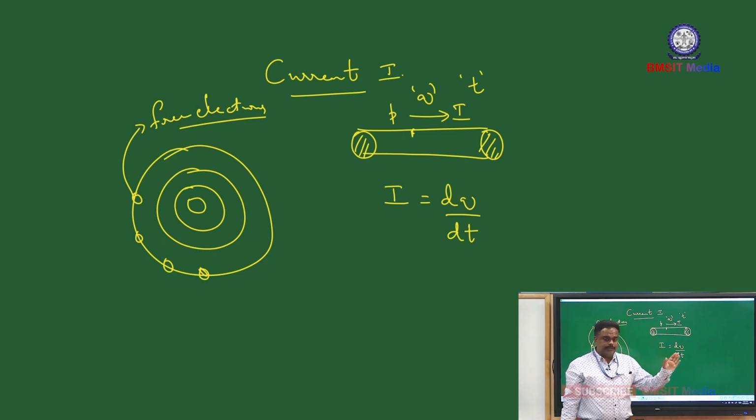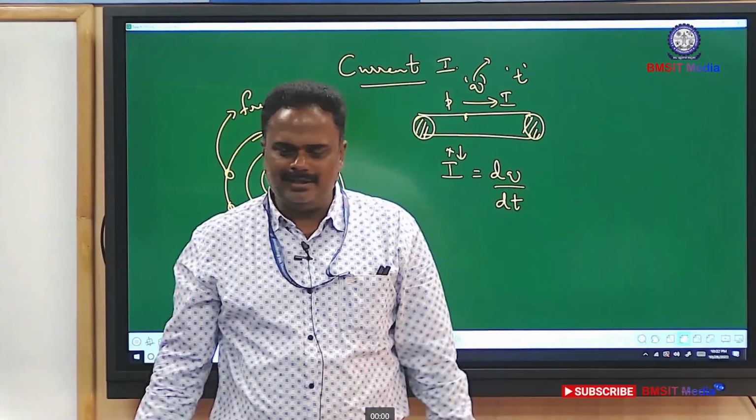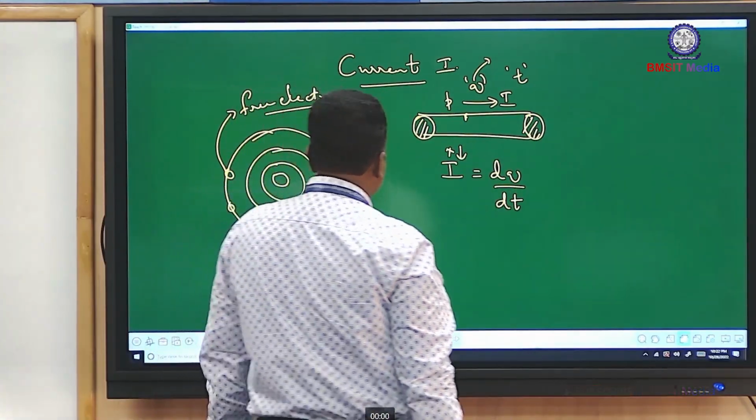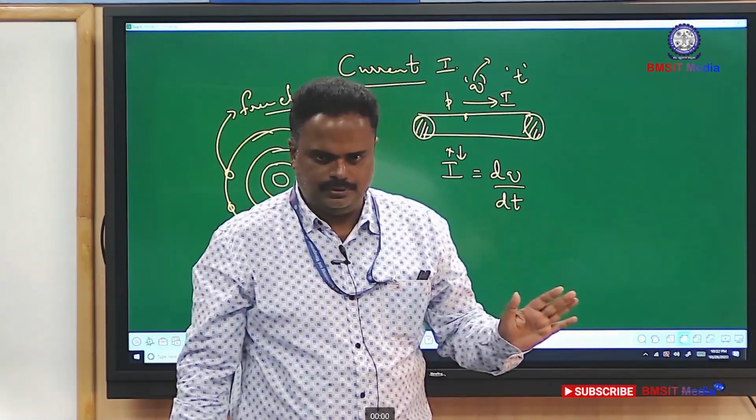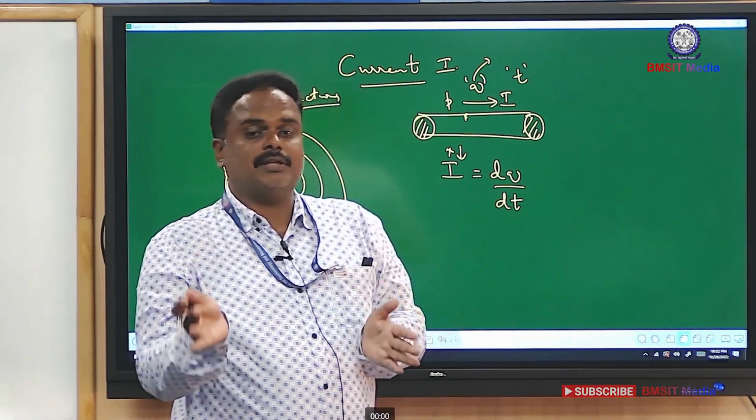If more charge, meaning electrons, is transferred across this point in a particular interval of time, then we say current is more. If less charge is transferred across a point in a conductor, then we say current is less. So current is defined as the rate of flow of charge, flow of charge with respect to time.